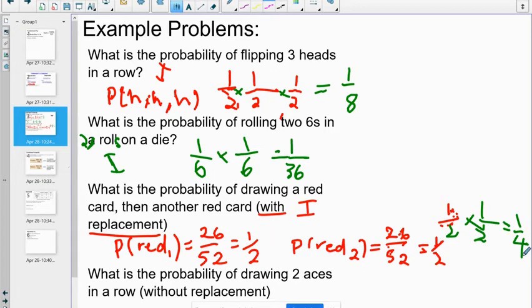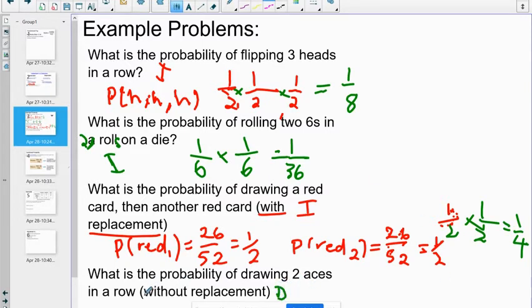Now, last but not least, what is the probability of drawing 2 aces in a row without replacement? Since it says without replacement, remember that's the key phrase for when we're dealing with dependent events.